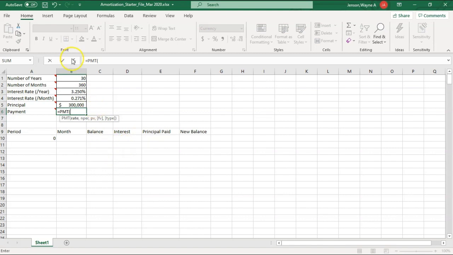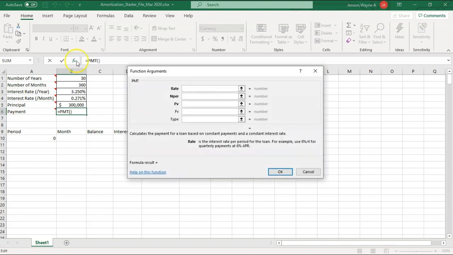But an even easier way is once you've got that selected, if we click on the formula bar here, this insert function or this F sub x, double click on that and that'll open up this function arguments dialog box.